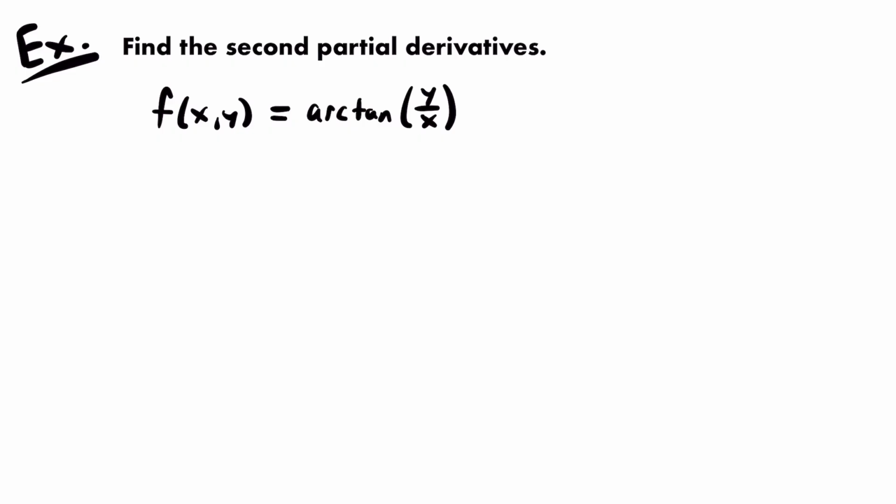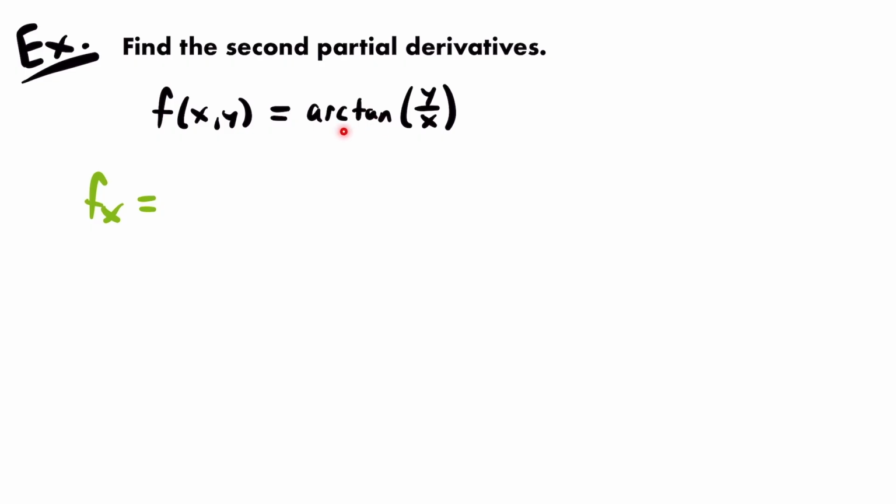And so I'll start by finding the partial derivative with respect to x, or f_x. And so how do we take the derivative of arctangent of y divided by x, particularly with respect to x? All right, we will treat y as a constant, but both x and y are inside the arctangent function, so we will have to take the derivative of the arctangent function. It doesn't matter if we're differentiating with respect to x or y, that will always be the case. And so remember, this is a derivative rule from Calculus 1.